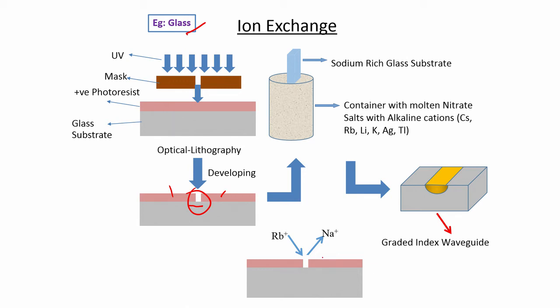You place the entire wafer into the melt and allow it to diffuse. In this specific case the sodium ions of the glass can diffuse out, and rubidium or silver ions can diffuse into the glass. So, this is called an ion exchange process.